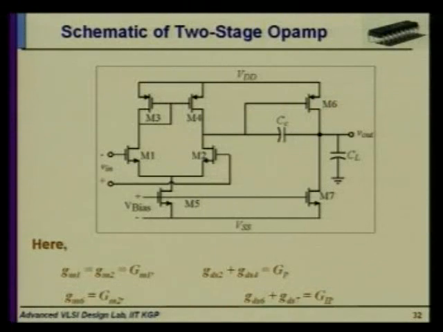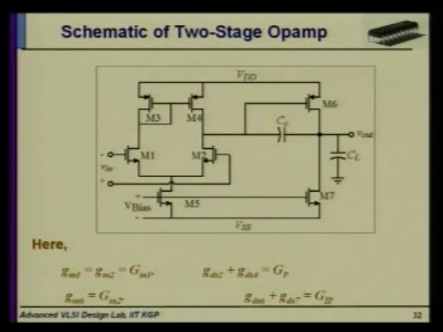ITEL or I5, whatever we may call, plays an important role in the design, because if you see the schematic, the currents flowing through the M3 and M1 transistors and M4 and M2 transistors are the same, and basically half of the current flowing through the M5 transistor.